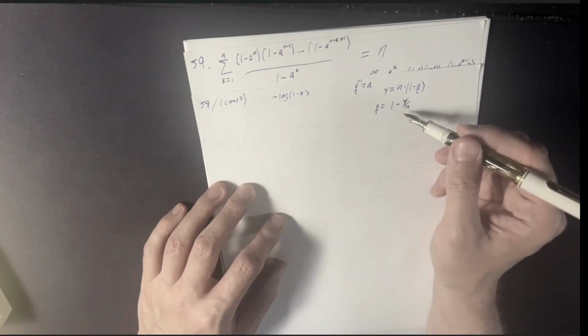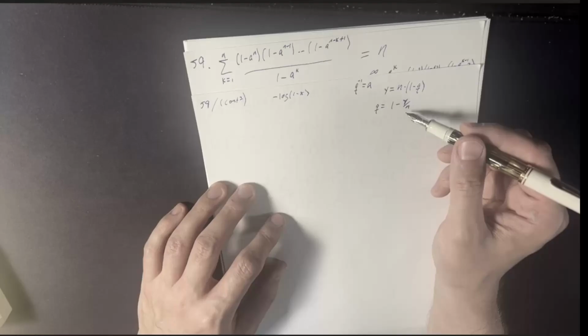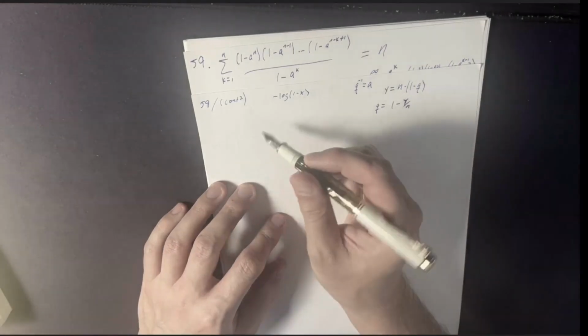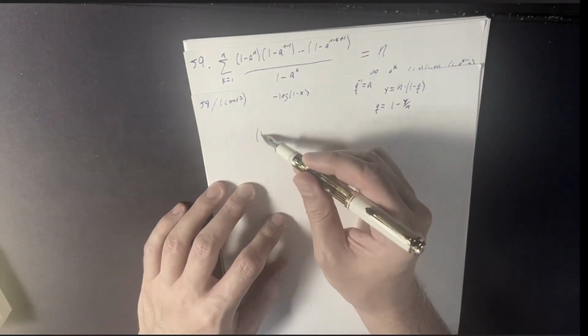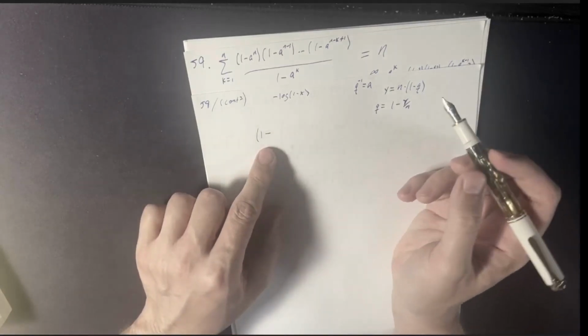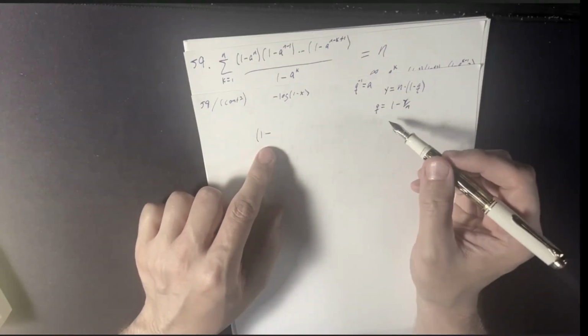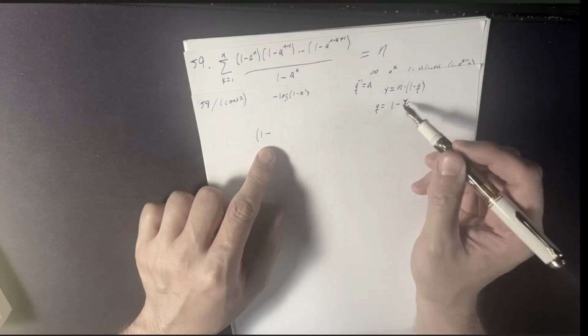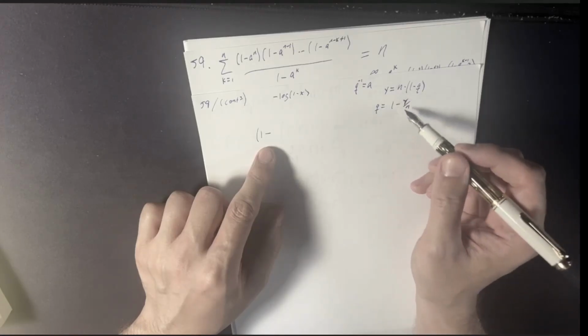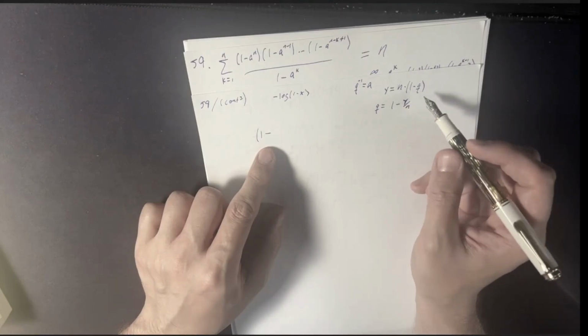This is definitely Q. All right. 1 minus. I feel pretty dirty putting this in parentheses and writing a negative n above it.